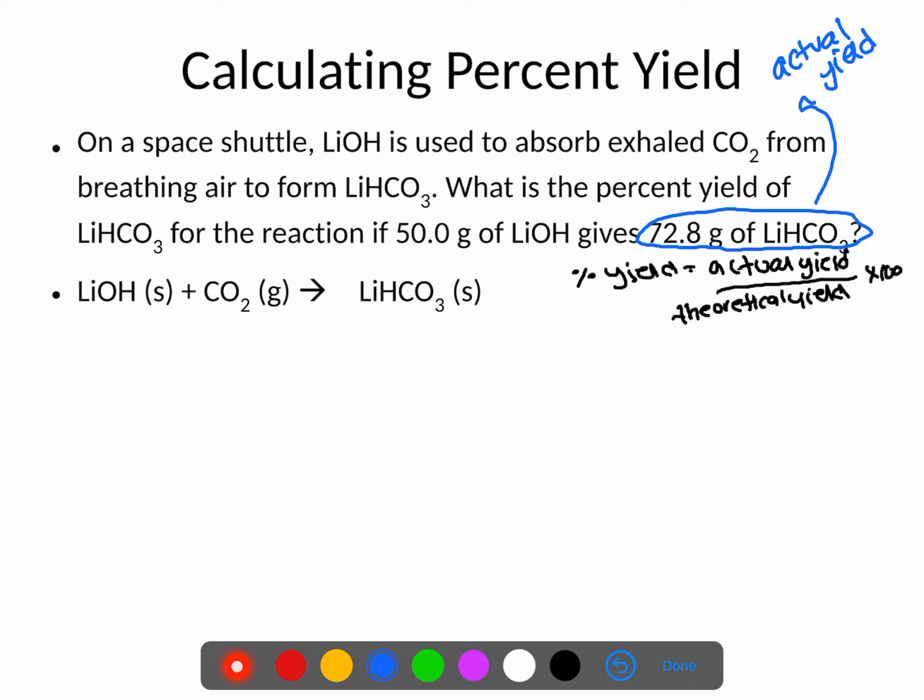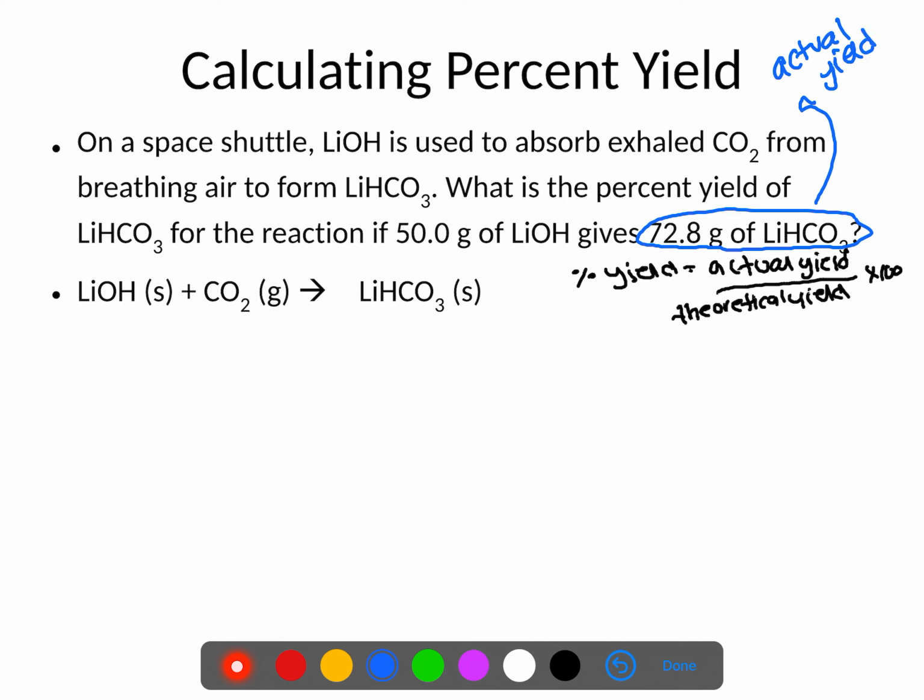Because you're not given 2 amounts of a reactant, you're only given 1, so you don't care about the other. It's basically already telling you that's the limiting reactant. You're given an amount of the product, but you're still asking for the percent yield. So if you're given the actual yield, you need to find theoretical yield. To find theoretical yield, that means you're looking to go to grams of lithium bicarbonate.